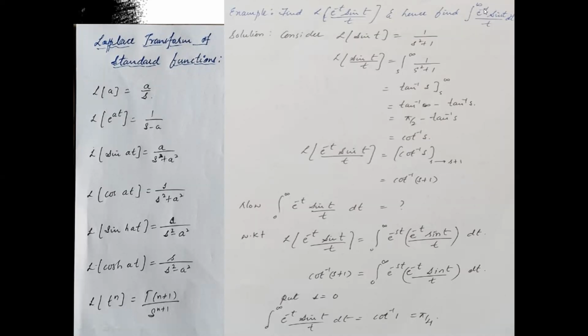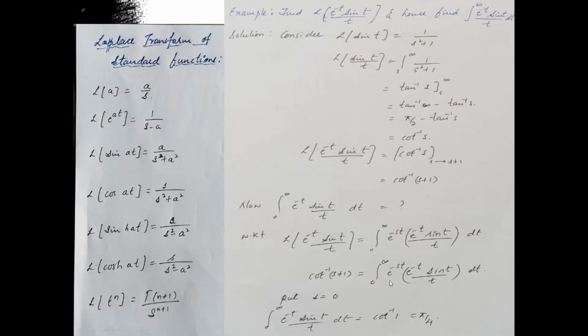Now we want the value of this integral. Now for that, the Laplace transform of e raised to minus t sin t by t, by definition, is integration from 0 to infinity e raised to minus st into the function. The function we have kept as it is. Now we have evaluated this. Its value is cot inverse of s plus 1. And we have written the definition of Laplace transform here.